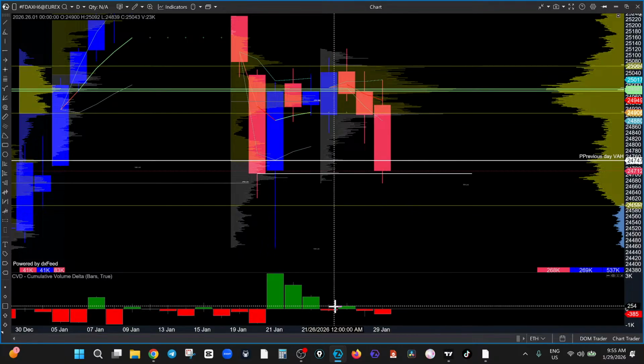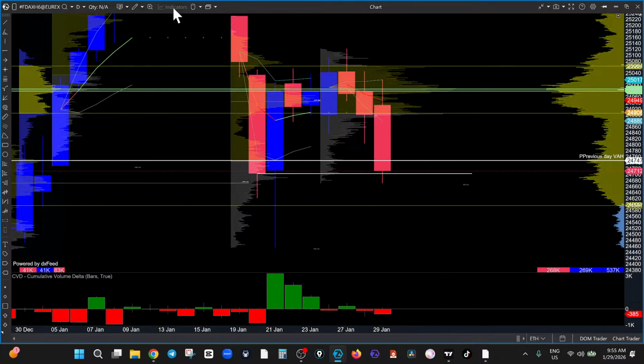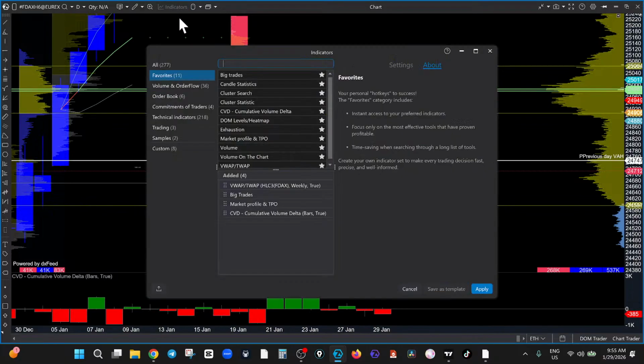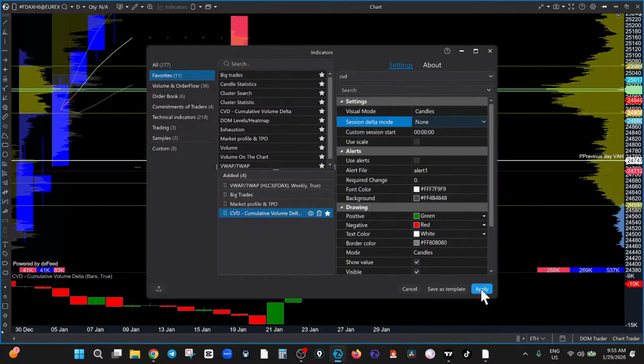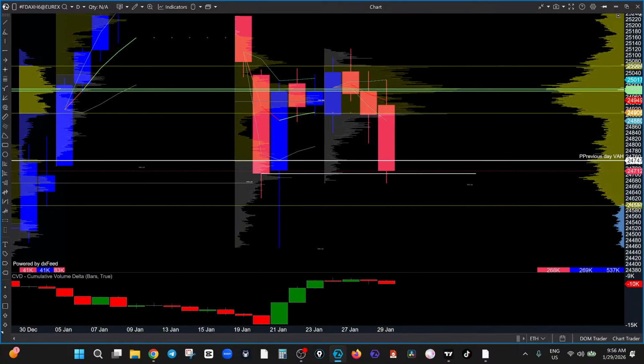So what we need to do is to observe. I will look at the CVD. I like using it, I don't like the default.